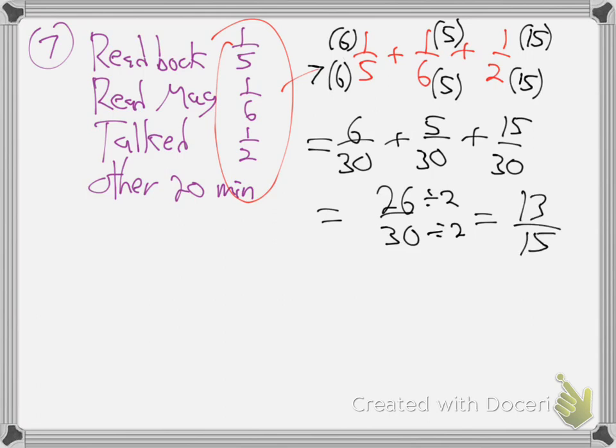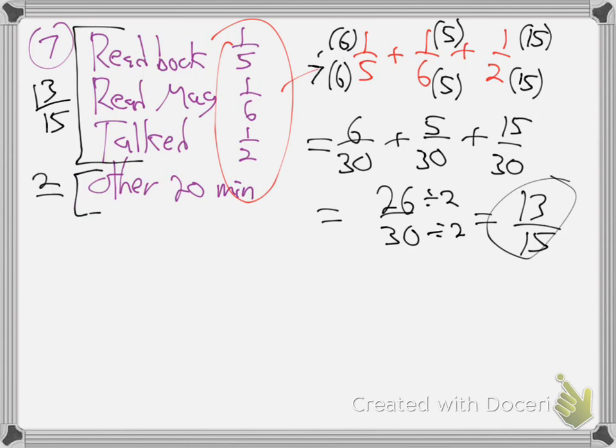Okay, so we did that. Good start. Now, reading the book, the magazine, and talking all together is 13 fifteenths, which is what we got when we added those fractions up. If that all was 13 fifteenths of the total trip time, then the other time must be the other 2 fifteenths, right?